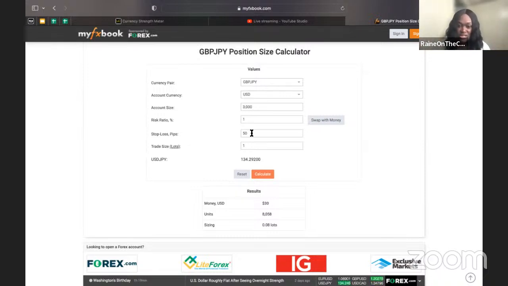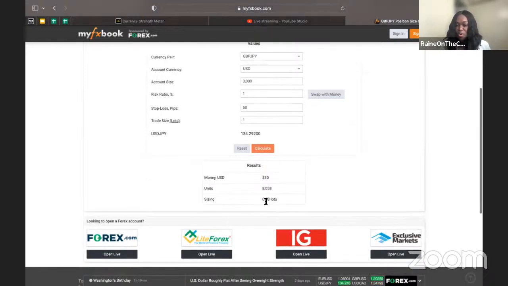I'm fine with losing $30. That's going to tell me my lot size. The lot size here says 0.08. So that's what I would put in my MetaTrader 4. And then I would put in my stop loss and my take profit. Based on that, I'm going to enter the trade and just let it run.